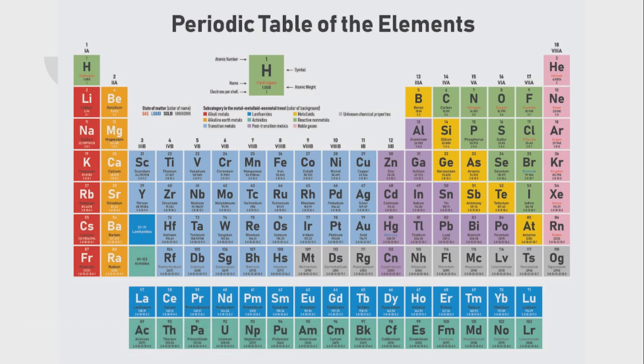So let's talk a little bit about this. As a refresher, we're going to be talking very lightly on chemistry here today. In chemistry, we have all these things called elements. Every bit of matter on Earth, all the atoms of everything, are some type of element.